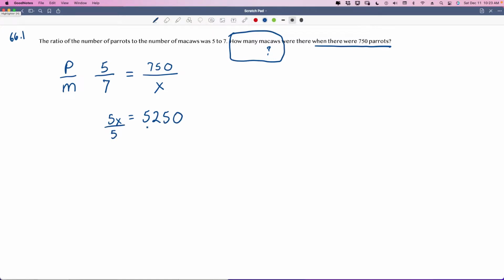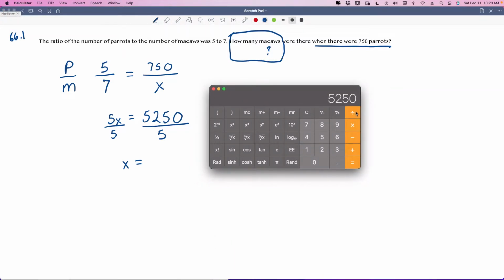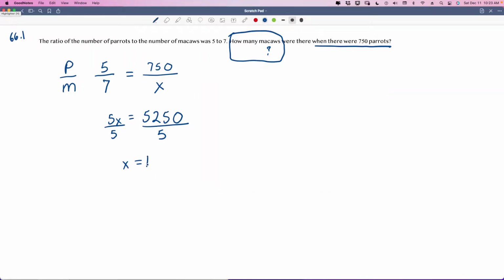Divide both sides by 5. 5 divided by 5 is 1x, and that equals, I can't do that in my head either. So I'm going to take 5,250 and divide it by 5. 1,050. So 1,050 is the number of macaws we had when there were 750 parrots.